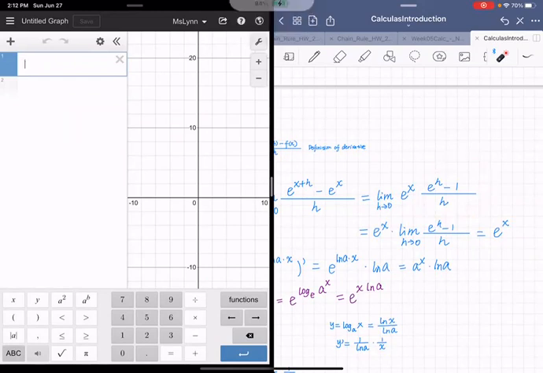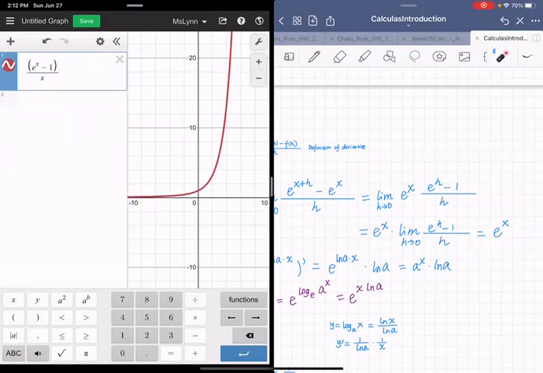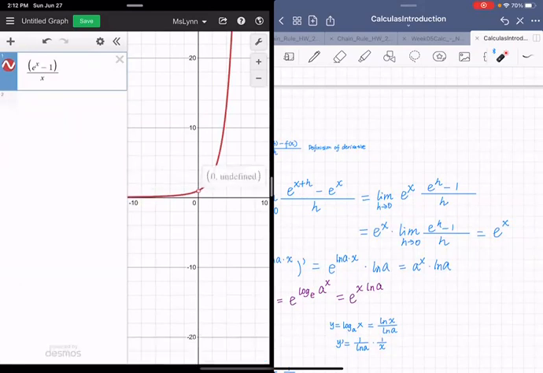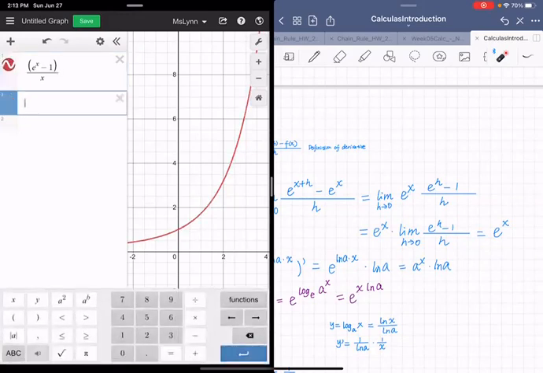So we graph e to the power of x minus 1, divided by x. When x goes to 0, it's going to be undefined, but the limit is going to be very close to 1. So you can see the limit when x goes to 0.